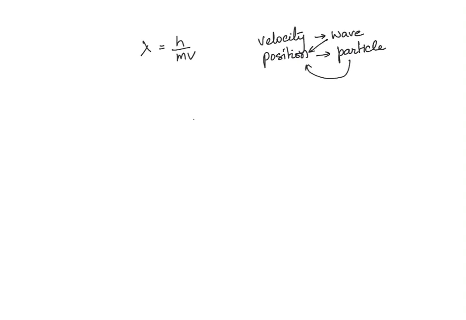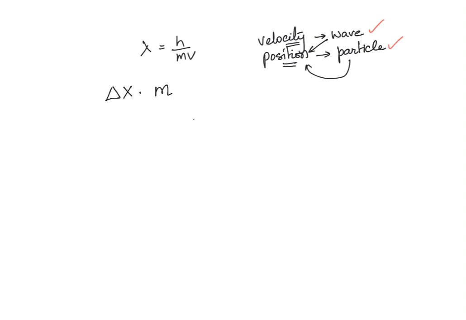So if an electron behaves like both a wave and a particle, we won't really be able to measure position and velocity at the same time. This is given to us by a principle known as Heisenberg's uncertainty principle.